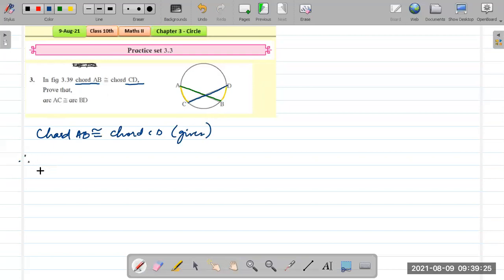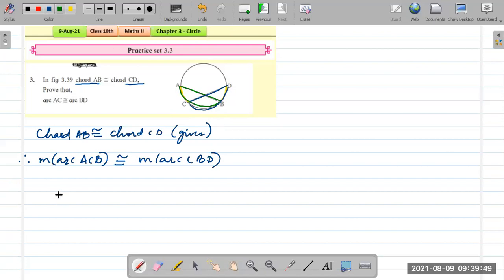We know that corresponding arcs will be congruent. So the measure of arc ACB will be congruent to the measure of arc CBD. Just check. The green chord will give this green arc and the blue chord will give this blue arc, right? So both the arcs, they are congruent.